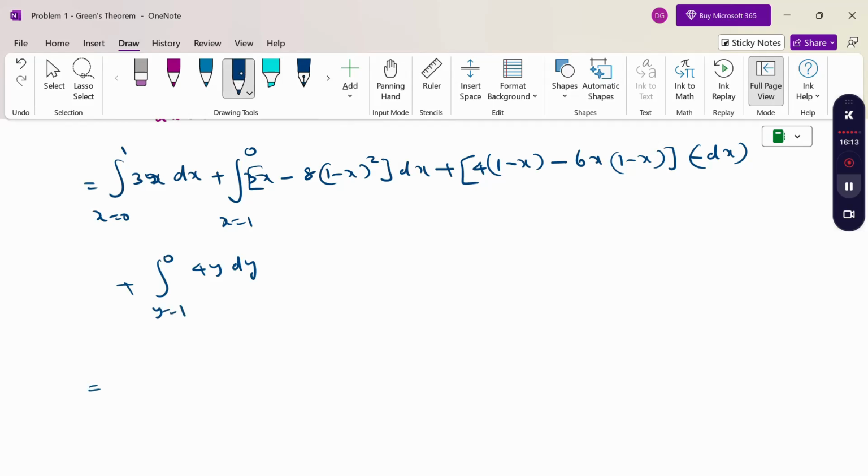Now to simplify this equation: first the integral of x from 0 to 1 of 3x dx, plus x from 1 to 0.